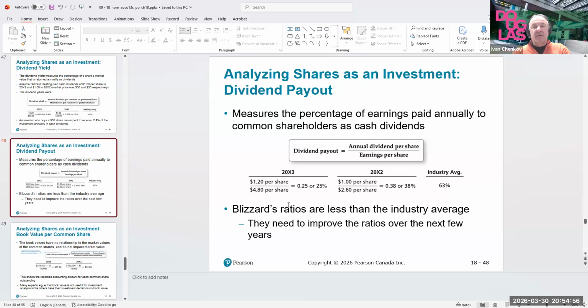If the company decides to restrict the dividend and not pay it, this ratio can be even zero. That means the company doesn't pay dividend. Don't forget that paying the dividend is at the discretion of the company. If they decide to pay dividend, they can pay it. If they decide not to, they don't.